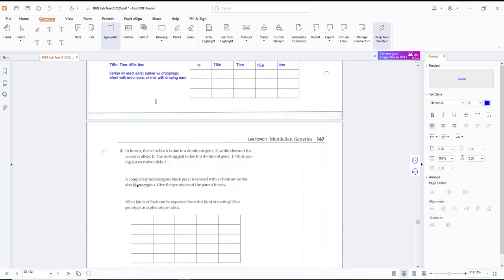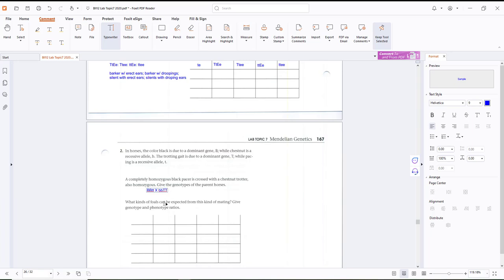So a completely homozygous black pacer, so big B, big B, little t, little t, is crossed with a chestnut trotter. So the chestnut trotter is little b, little b, and the trotter is homozygous, so big T, big T.